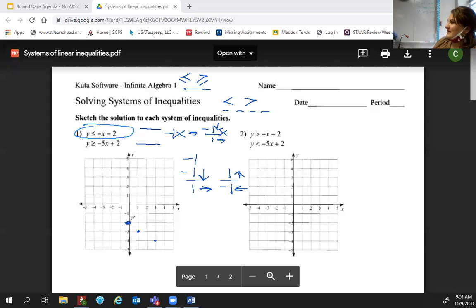So I could have went up 1 over 1, up 1 over 1, up 1 over 1. And then I will take my line and I will draw it. And it will be a solid line.